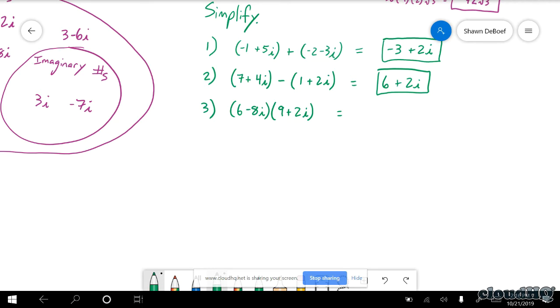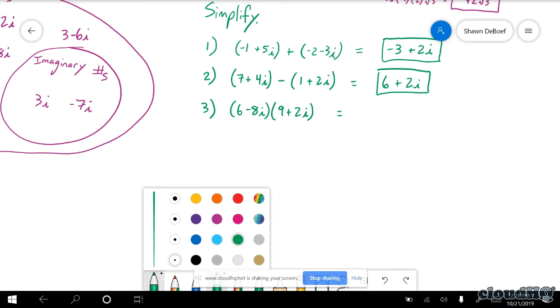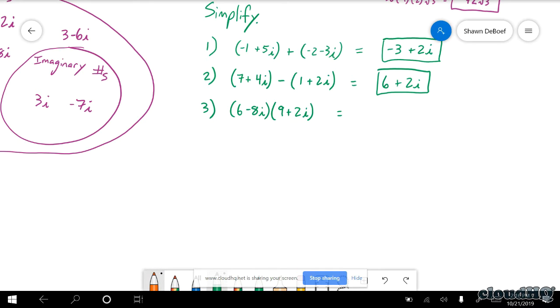So to multiply these together, initially it's nothing new. It looks like the multiplication of binomials where we can distribute or FOIL or use a box method or lattice, whatever way you want to look at it. Ultimately, multiply your 6 times your 9, your 6 times your 2i, your negative 8i times your 9, and your negative 8i times your 2i.